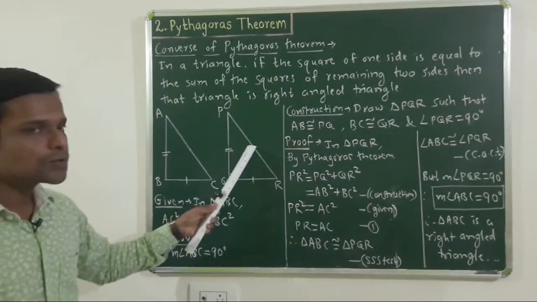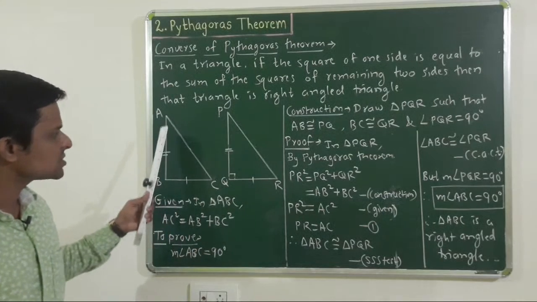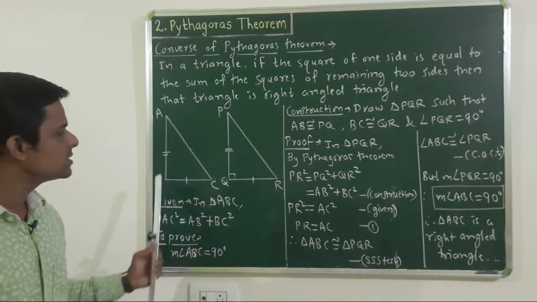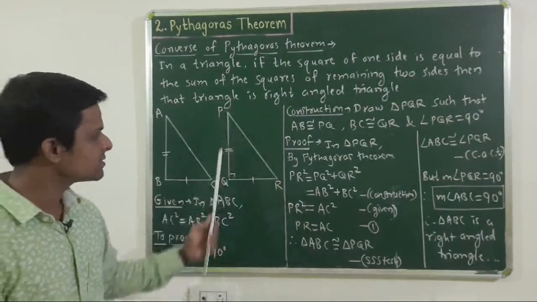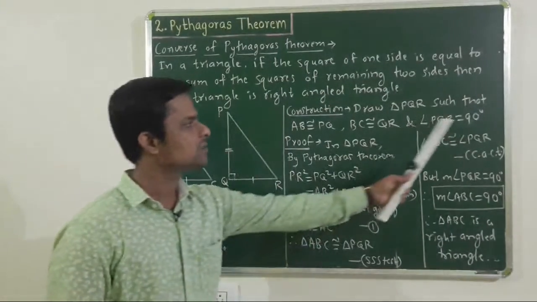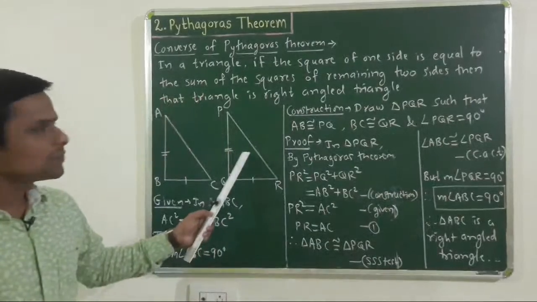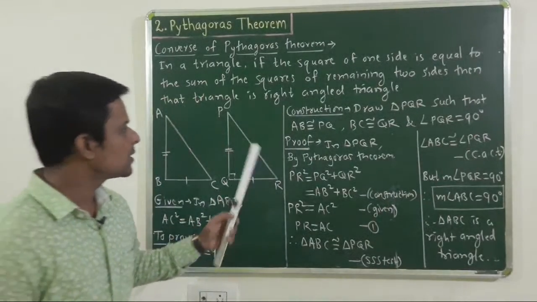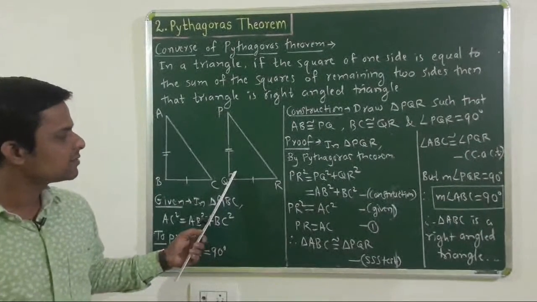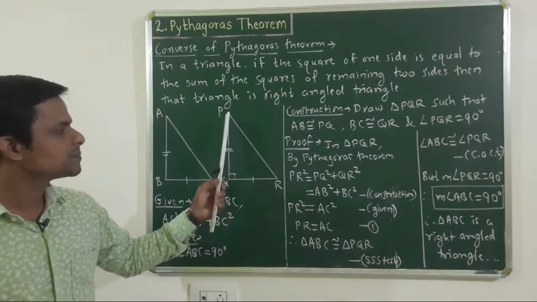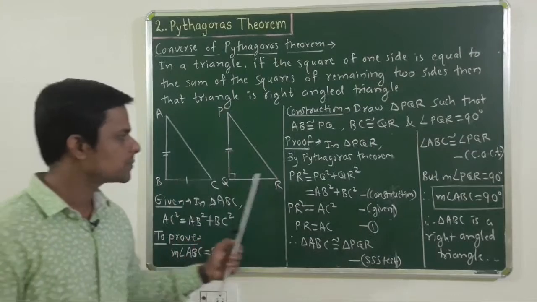We have constructed one more triangle, that is triangle PQR, such that AB is congruent to PQ, BC is congruent to QR, and one more condition we have applied here, that is measure of angle PQR is equal to 90 degree. Now in this new triangle PQR, since angle PQR is right angle, we can use Pythagoras theorem, that is PR square is equal to PQ square plus QR square.